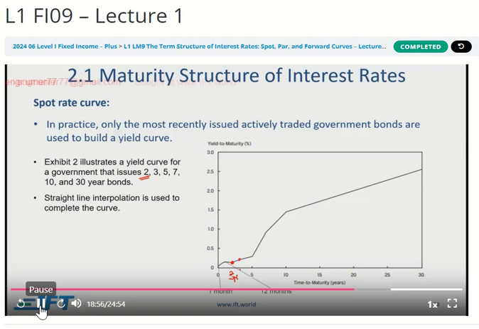This is going to be your 3 year. And then for the 5 year, you know the price, you know the yield, newly issued. And then you'll have your 7 year, which is going to be somewhere in the middle, maybe over here. This would be the 7 year. Then this would be your 10 year. And then you've got your 30 year.